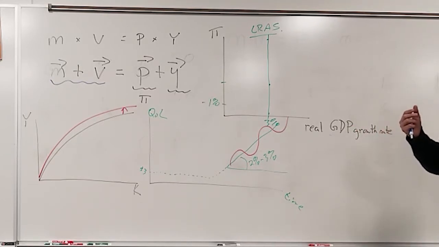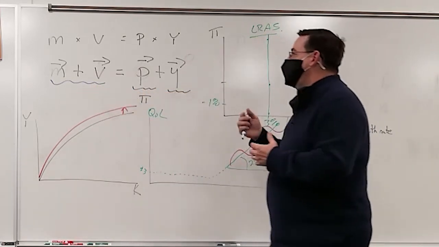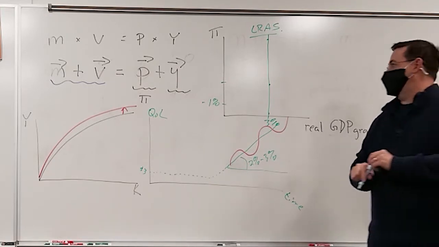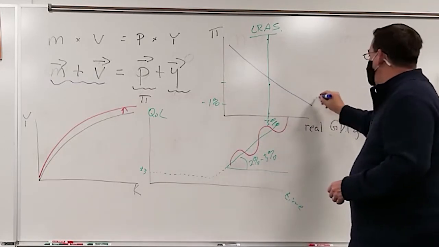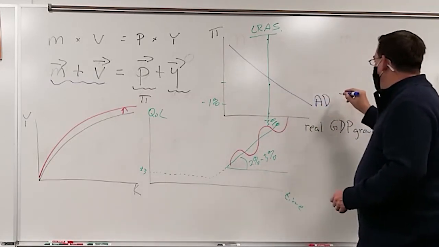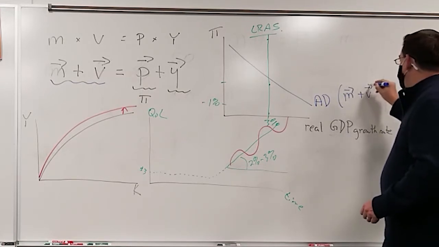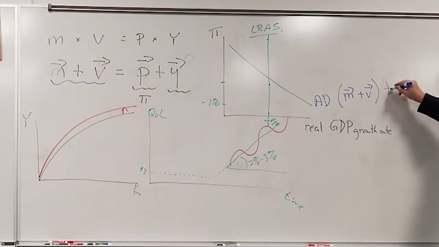So total spending can be represented as a schedule of options. So we have a line like this. That's like a demand curve. It's our aggregate demand curve. And we're going to say that our aggregate demand curve is related to the rate of change in money plus the change in velocity. In other words, total nominal spending.